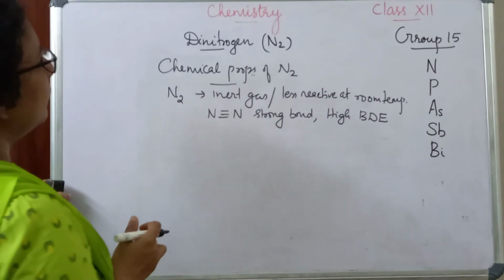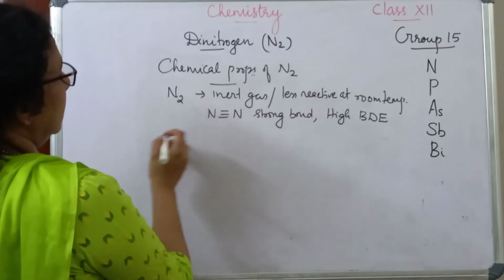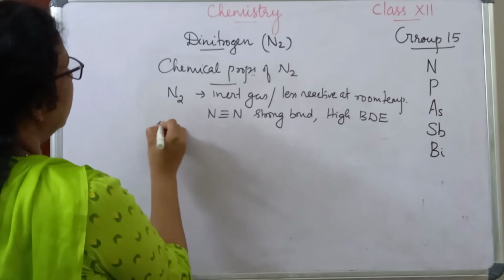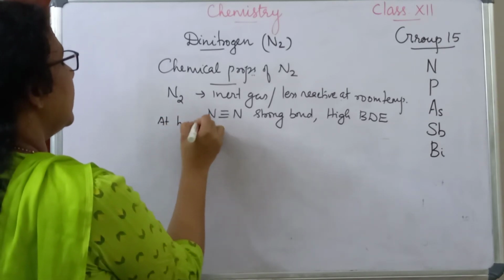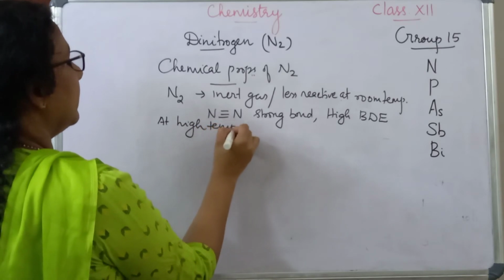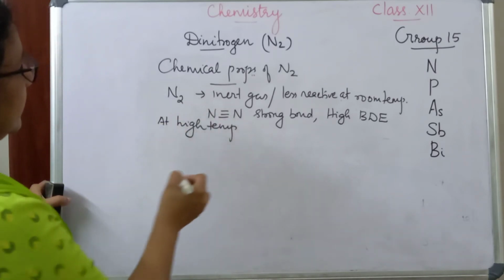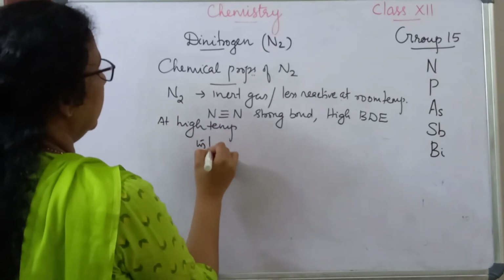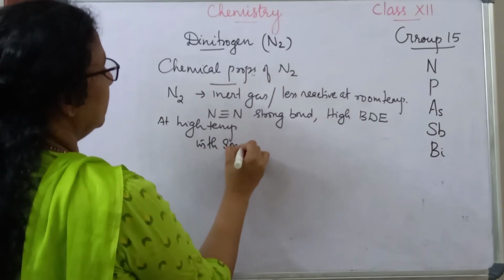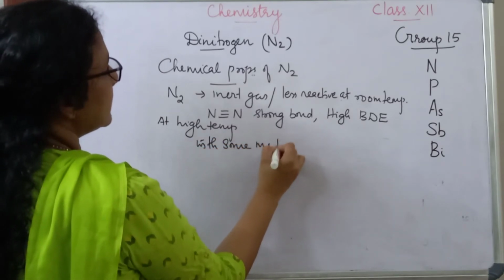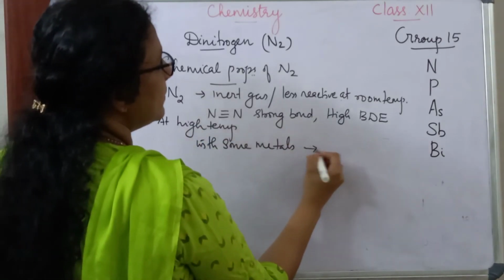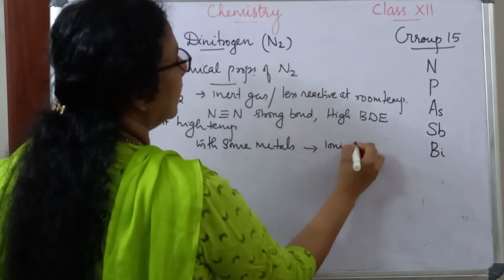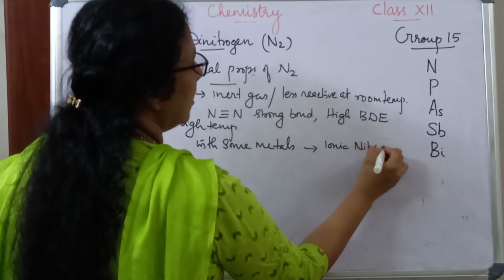But at high temperature, nitrogen will react with some metals and non-metals. With some metals, at high temperature, it produces ionic nitrides.